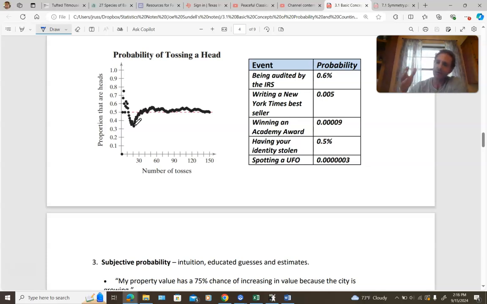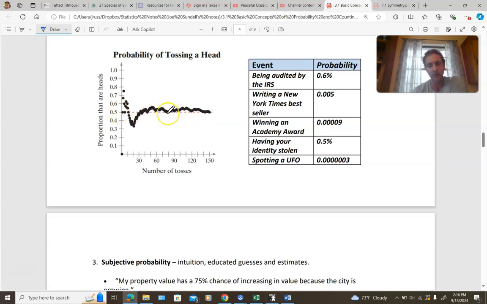But as the number of tosses increases, that number will start to reach 50%. And that's what we see here: as the number of tosses increases, the proportion of those tosses that are heads is hovering around this horizontal line here, which is at 50%.